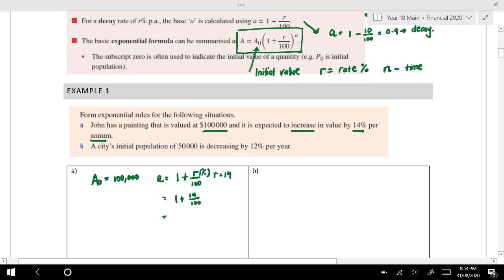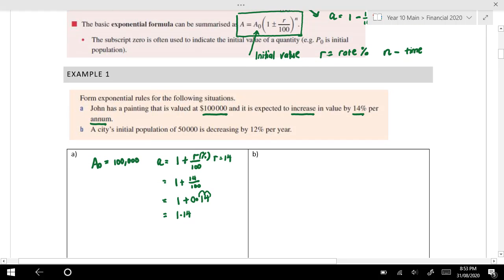As a decimal, dividing 14 by 100, we get 0.14, which means that if I add those together, as a decimal it is 1.14. Now that I've come up with all of that, we can turn this into an exponential equation.